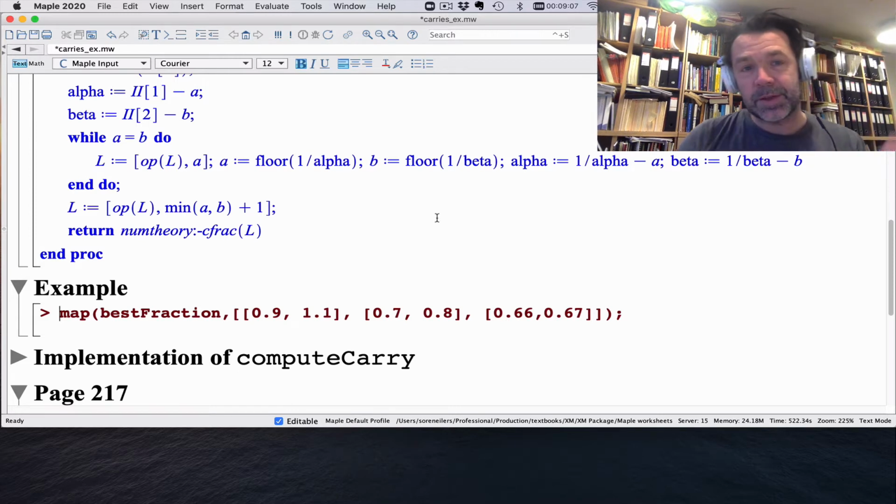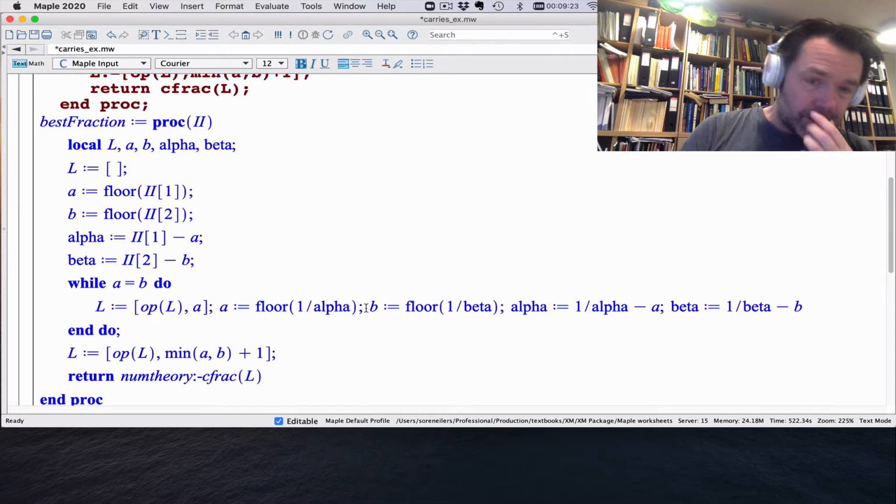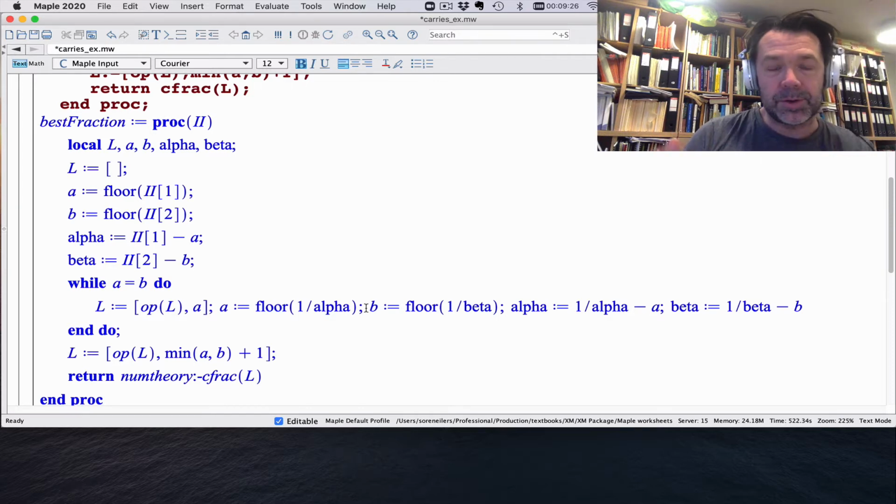This is fairly efficient, and it's implemented by this code, which is essentially the Euclidean algorithm. The point is that you go until the two values differ, and then you use the smallest of these numbers that you encounter plus 1 in your continued fraction.